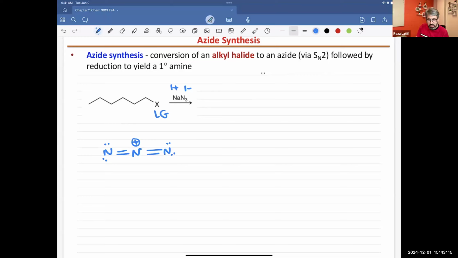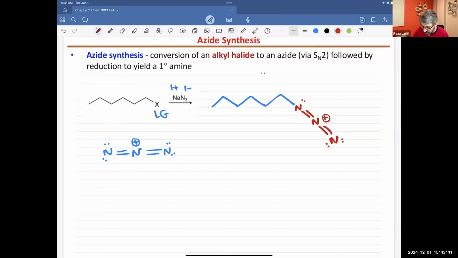Okay, now we can kick the X out of the system to get this compound. So we get nitrogen here, and this nitrogen will be attached. Now we have a double bond here, and this one has a positive charge.